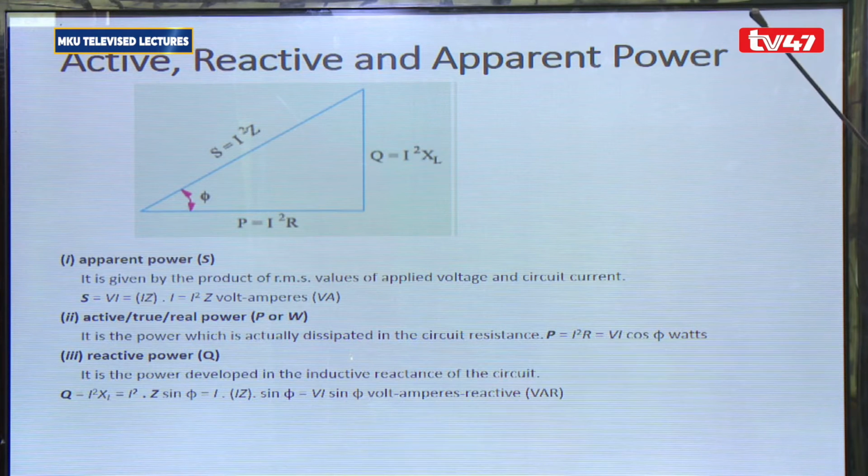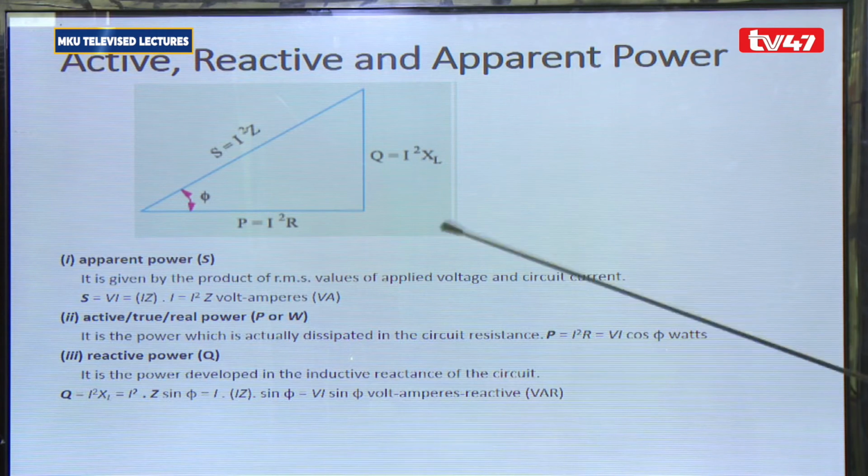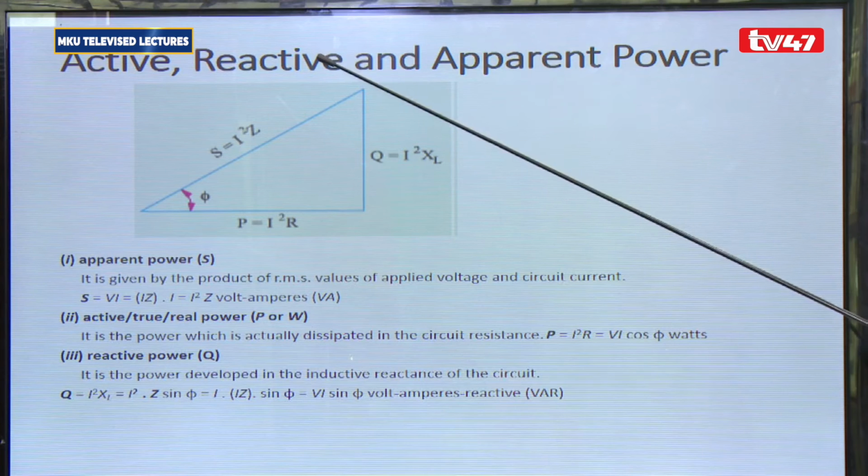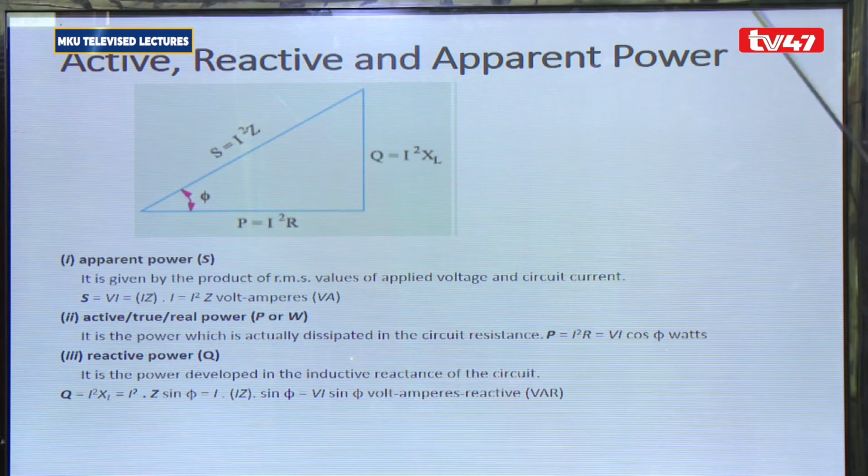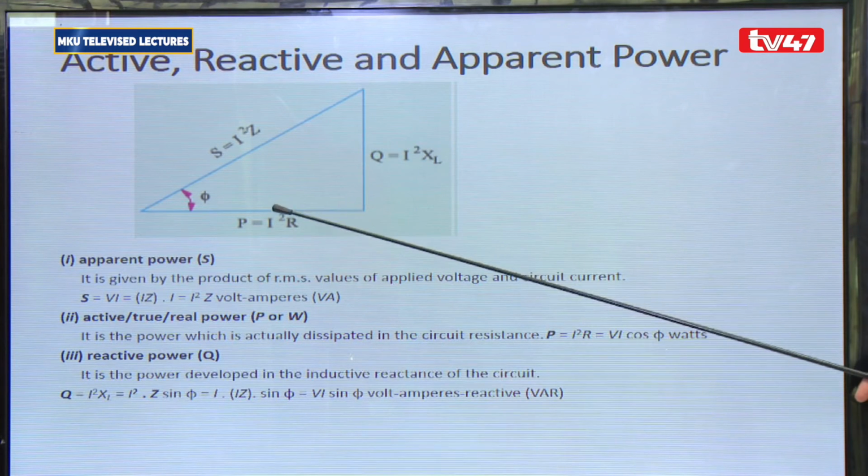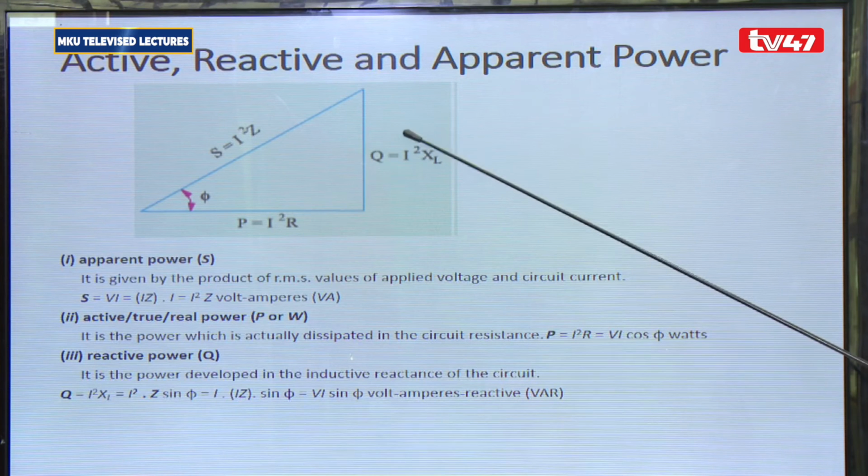But when you connect loads like motors, which are inductive in nature, they change the circuit, and therefore we would have the reactive power, and then the apparent power being the capacity of the grid to be able to accommodate the real power and the reactive power.